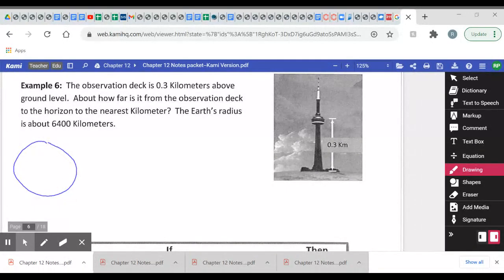So we've got a circle, we've got our Earth, and in this particular case, here's my center, and my radius goes from here to here. Then my tangent line.